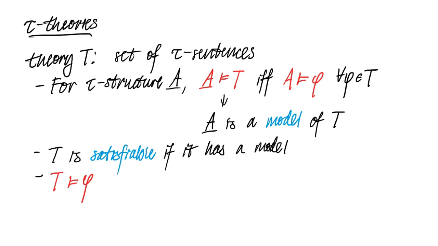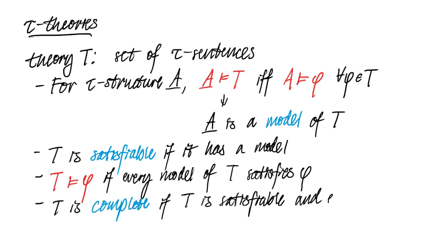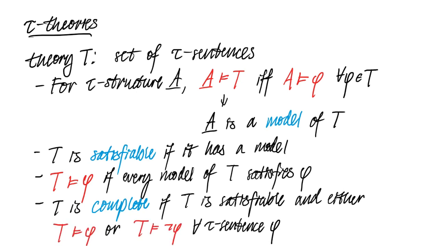T satisfies phi if every model of T satisfies phi. T is called complete if T is satisfiable and either T implies phi or T implies not phi for every tau sentence phi. Note that tau theories can be infinite. In contrast, tau terms and tau sentences are finite.